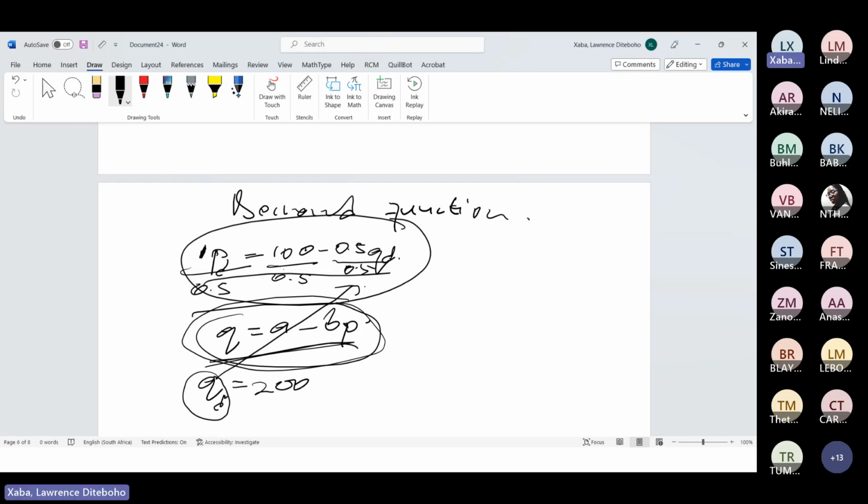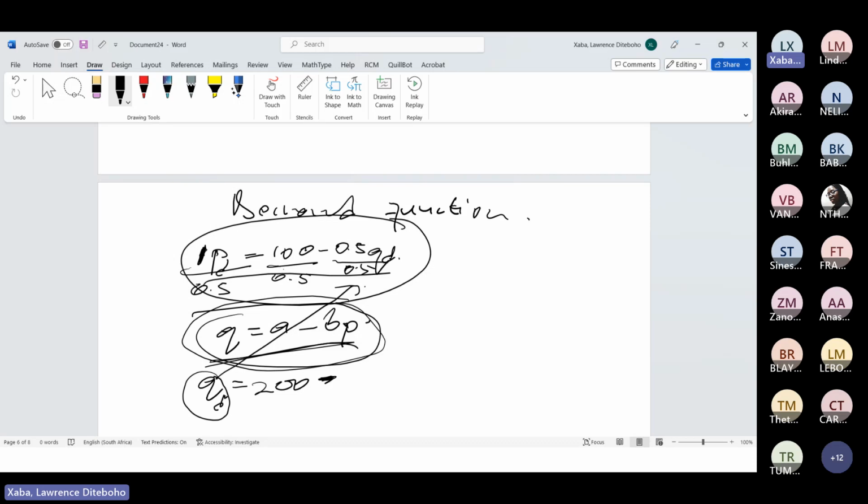But now moving it to the right-hand side, it becomes negative. But don't forget that we divided. Like I said, there's a 1 here. And remember, 1 times P is still P, it doesn't change. But when you divide here, we end up having negative. It becomes negative because now it is moving to the right-hand side. That is why it becomes negative.